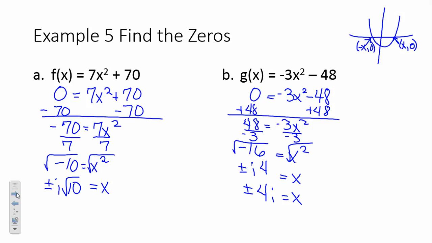Why did the i come before? Because it depends on how you think about it. Some people want to take care of that negative in the radical first, I'm going to bring it out, and then I'll deal with the 16. We always like to have the i after the number when we finally write it.